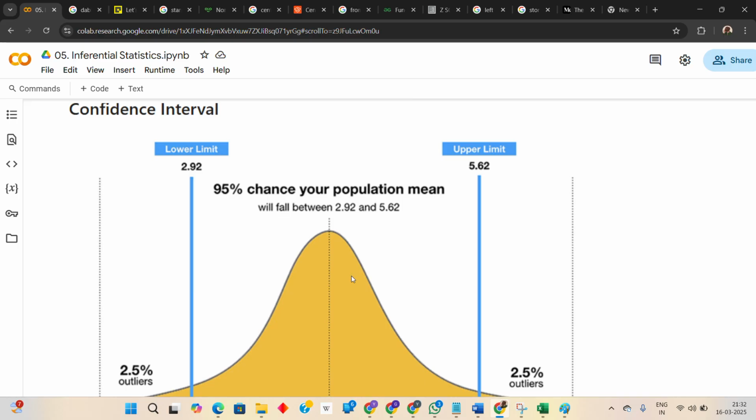For example, the GATE examination or CAT examination, GMAT examination you have given. So 95 percentile you have to get. 95 percentile means, how they calculate is they will first list down what is the top score, second top score, third top score, fourth top score.